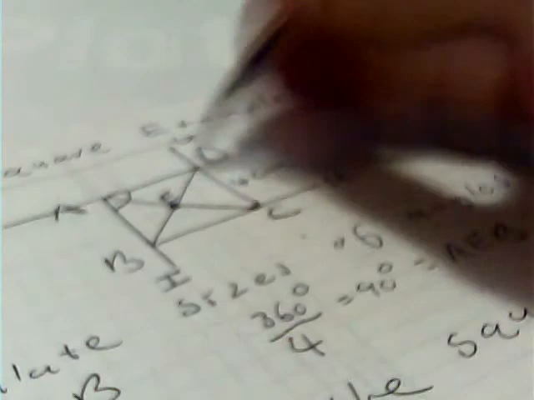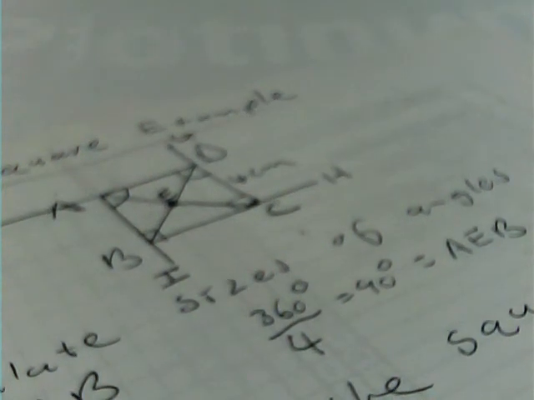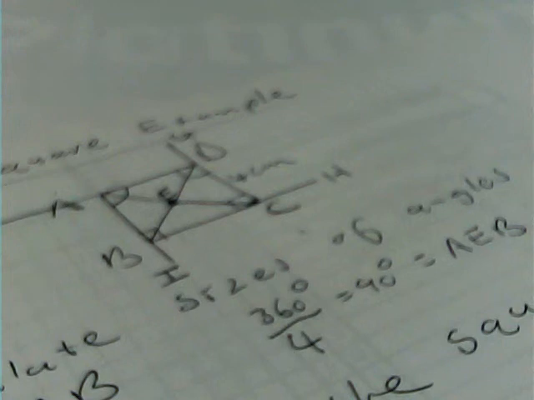Okay. Next, we can calculate what the size is of each of angle A, D, B, and C, because we know that all the angles need to be equal for each of those.